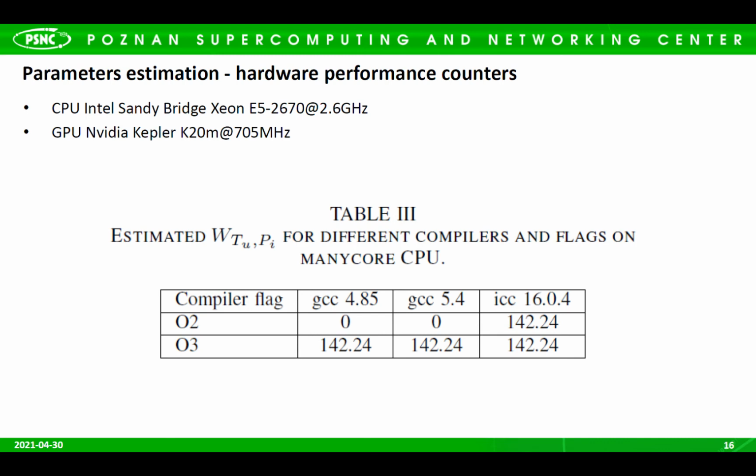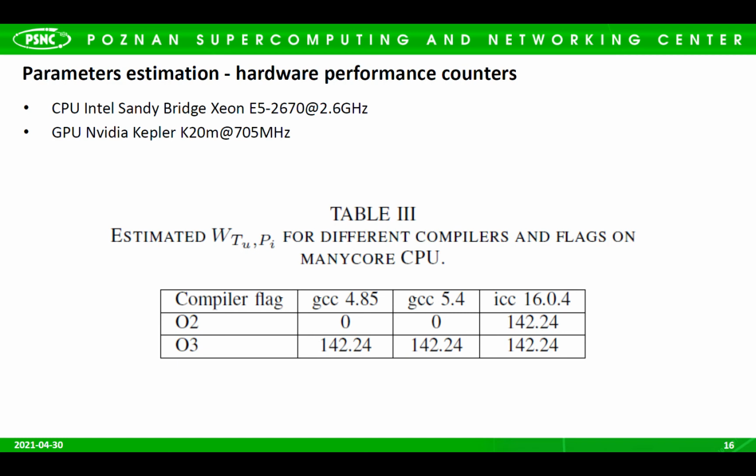And for the hardware, we use another methodology to estimate the number of arithmetic operations and the bytes moved by using hardware performance counters. For this, we use two compilers, GCC and ICC.